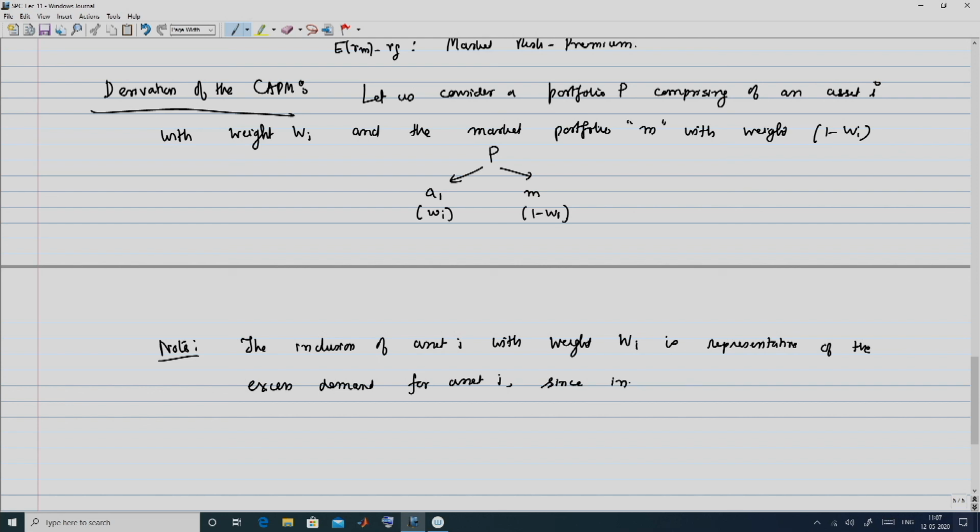That is because in market equilibrium, the market portfolio is already inclusive of the asset I. If we remember, the market portfolio is the point of tangency on the efficient frontier.